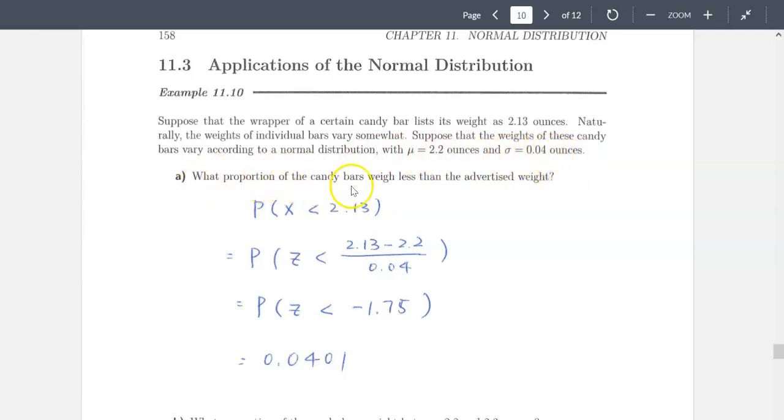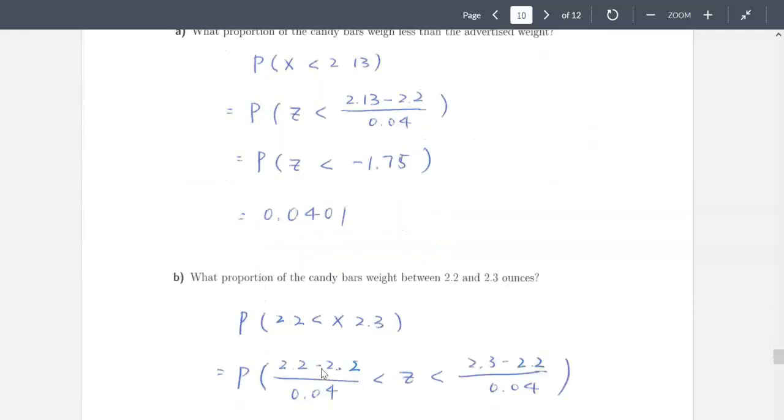What proportion of the candy bars weigh less than the advertised weight? This is something we've done before. What's the probability you'll be less than 2.13? We take 2.13 minus the mean divided by the standard deviation, which is negative 1.75. Since it's less than, we just look up negative 1.75 in the table. We get about 4%.